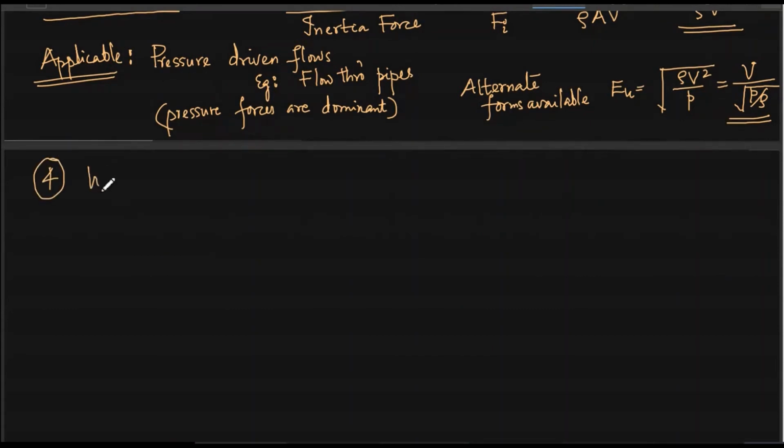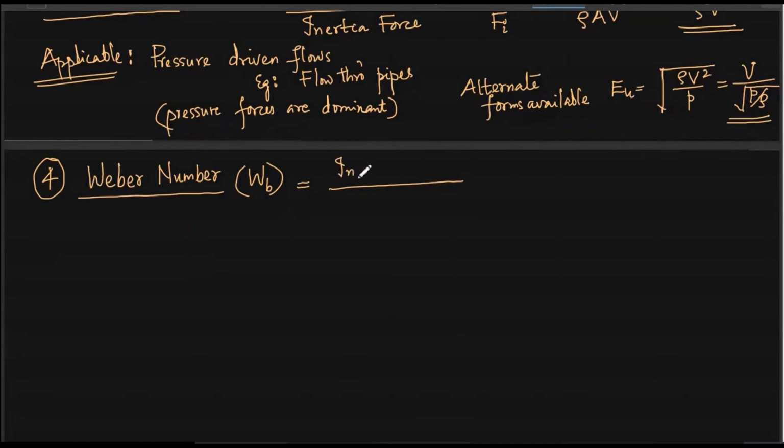The prominent one in fluid flow problems is Weber number. So Weber number, let me write this one. W, rather W suffix B or W itself. So it is actually the ratio of inertia force acting on the fluid to surface tension force.